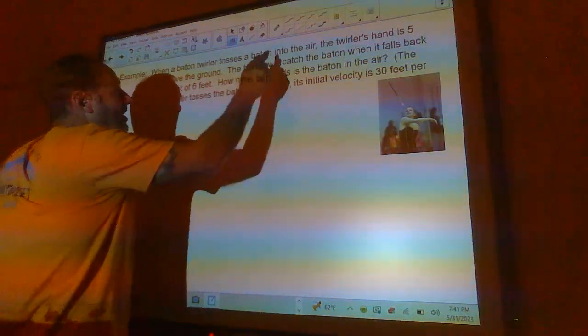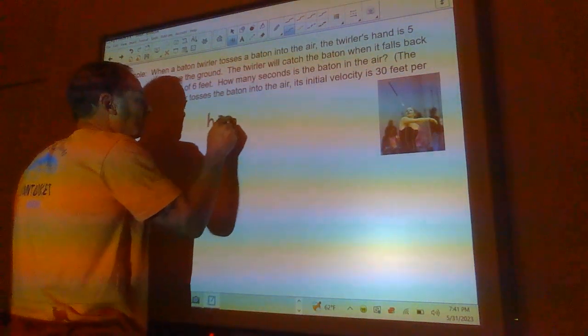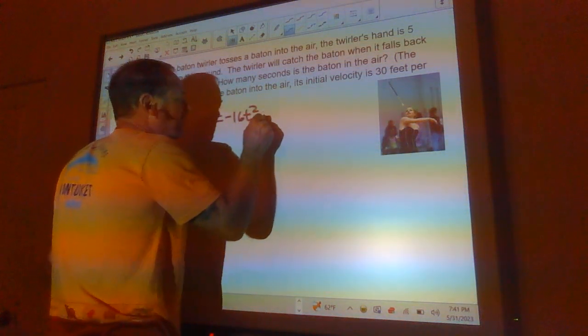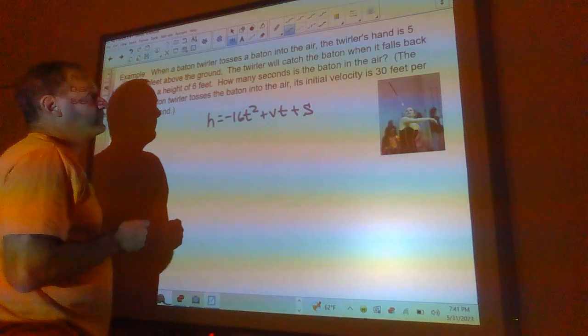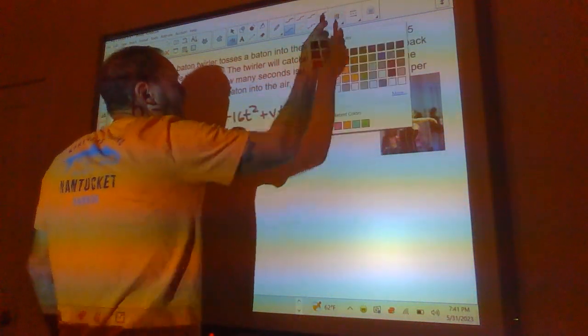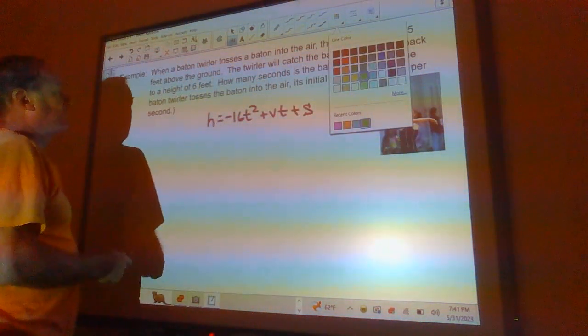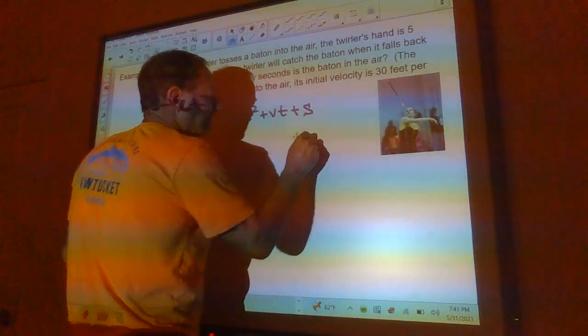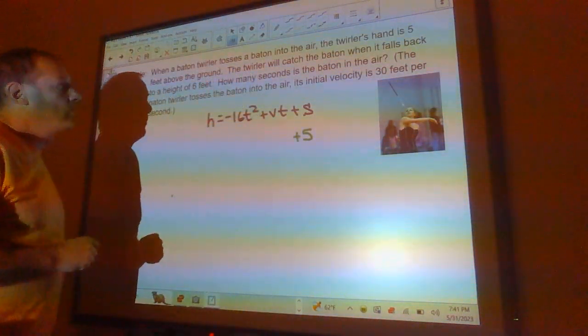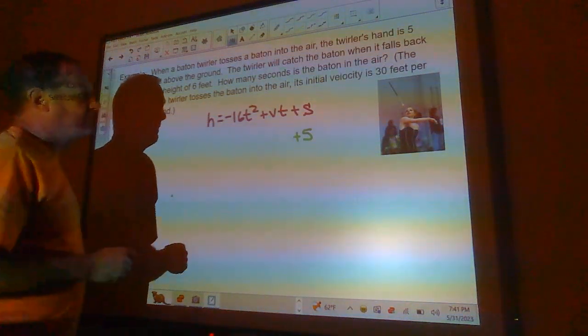Okay, so since it's tossed, we're going to get this formula. H equals negative 16t squared plus vt plus s. Okay, so what do we know here? We know that the thing was tossed from a height of 5 feet. So s is going to be 5. We know that the velocity is 30 feet per second.